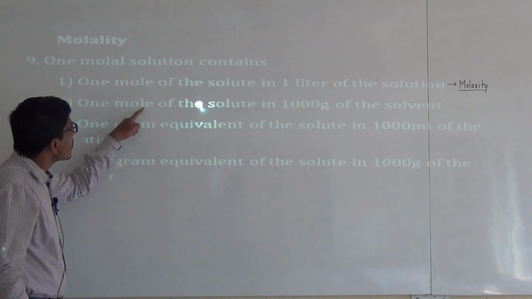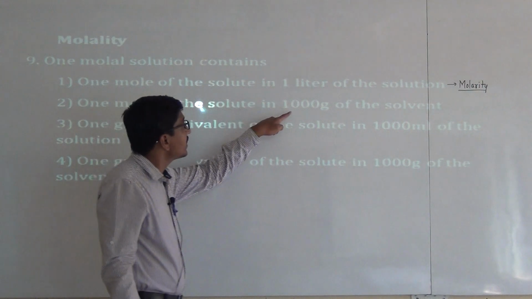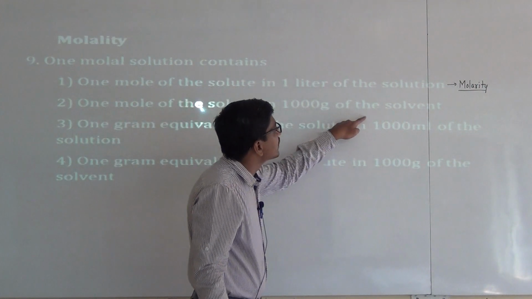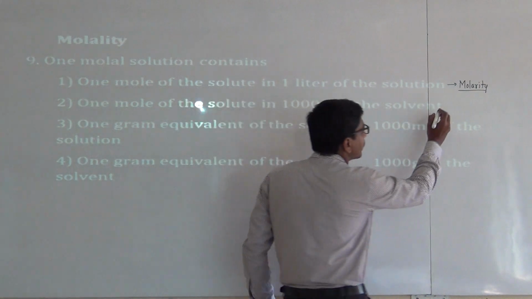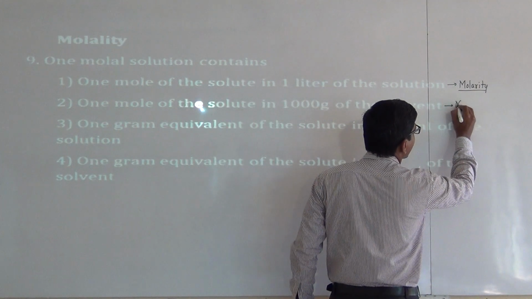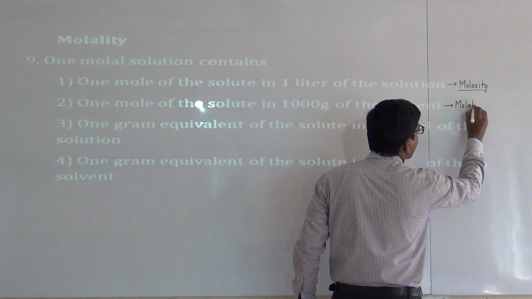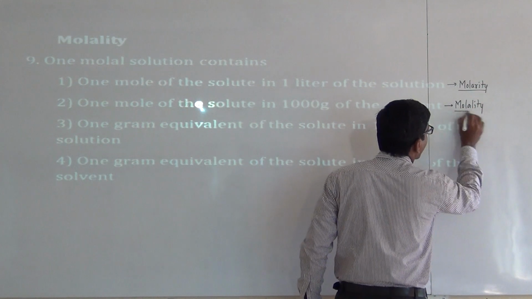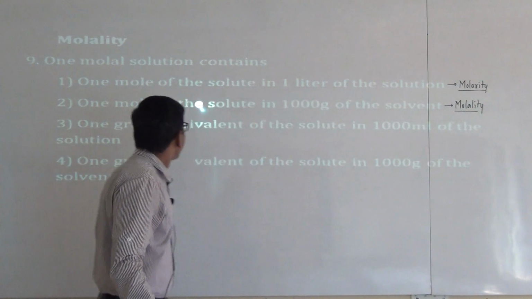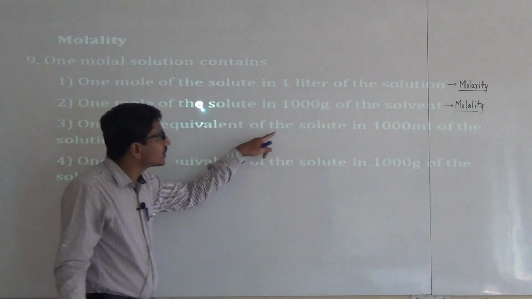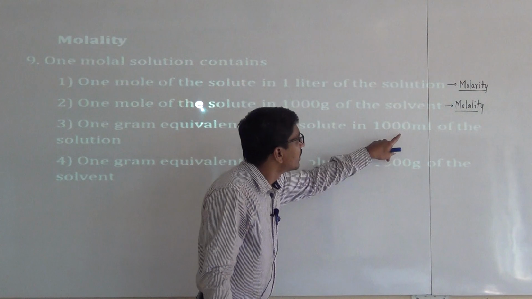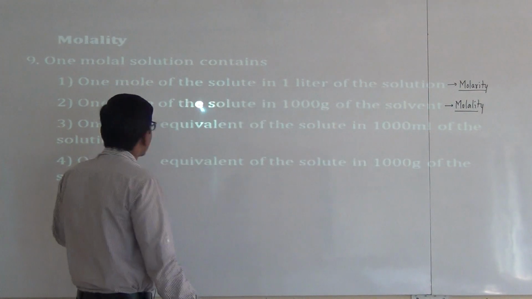Second one, 1 mole of the solute in 1000 gram of the solvent or 1 kg of the solvent, this is molality. Third statement is 1 gram equivalent of the solute in 1000 ml of the solution.